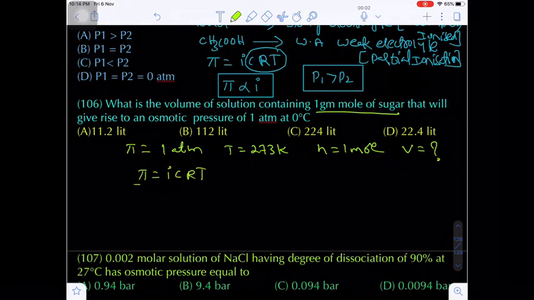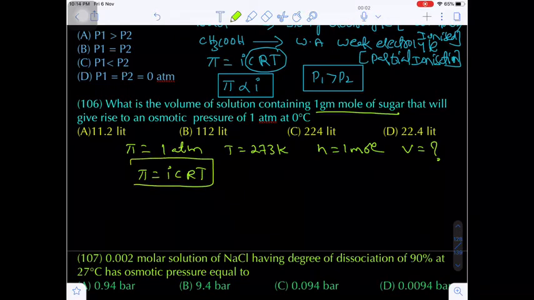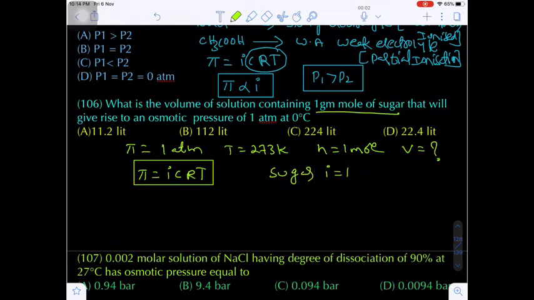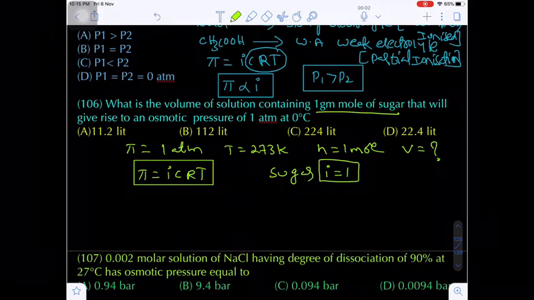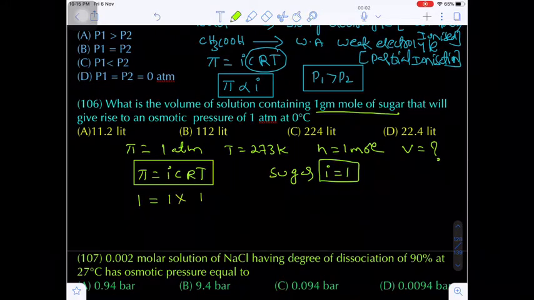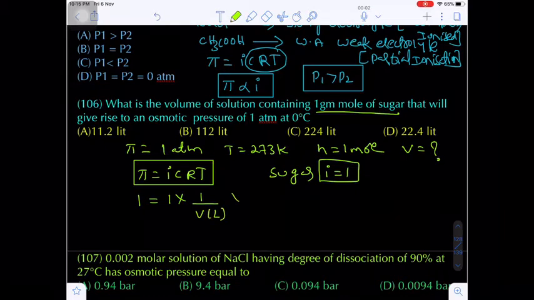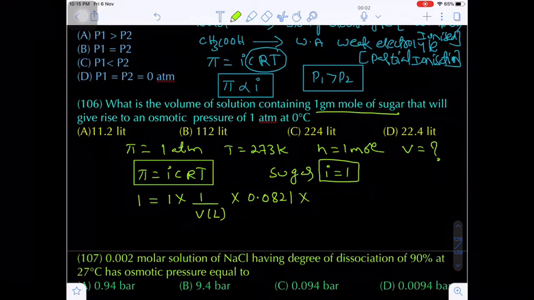Now pi is equal to iCRT. Okay. Now here sugar is a non-electrolyte, that's why the Van 't Hoff factor iota is taken as unity. The osmotic pressure is 1 atmosphere, iota value 1, concentration is number of moles upon volume of solution in liters, multiplied by R value 0.0821 and temperature 273 Kelvin.